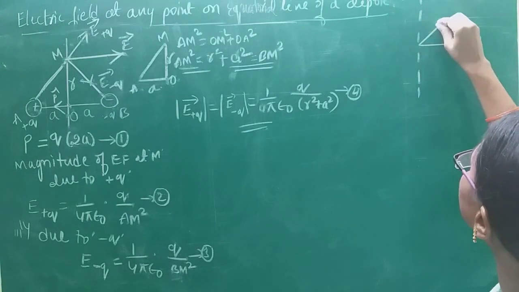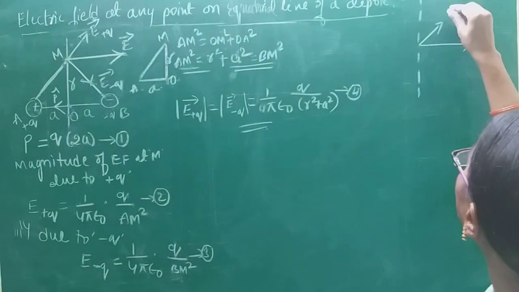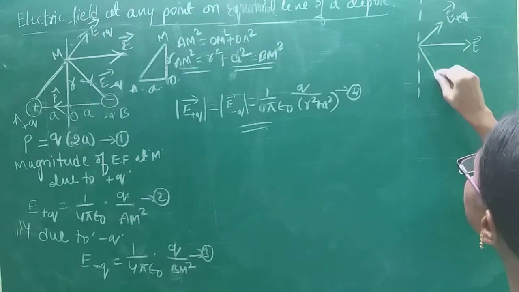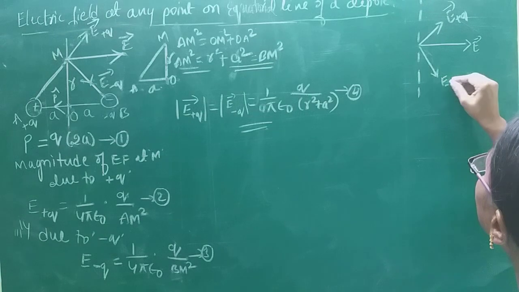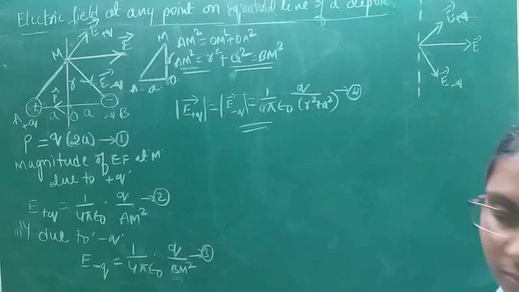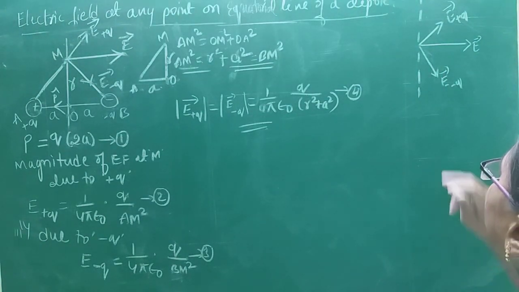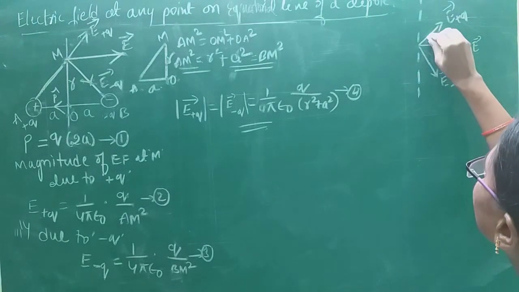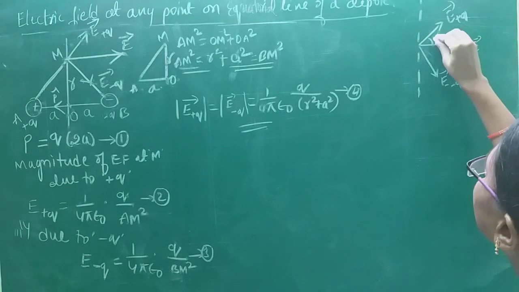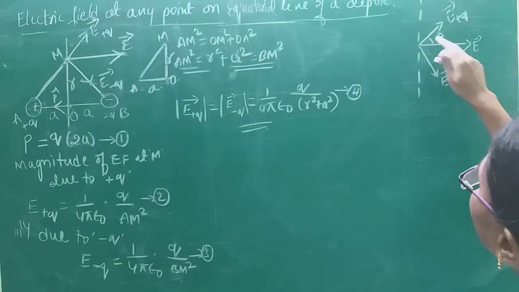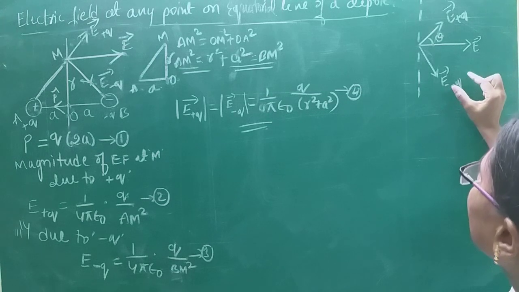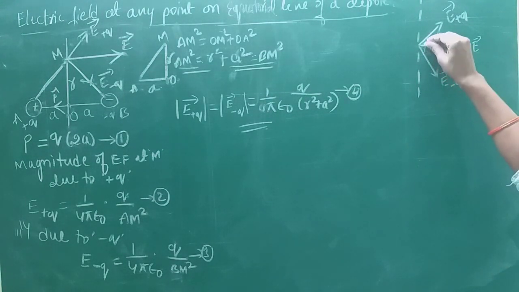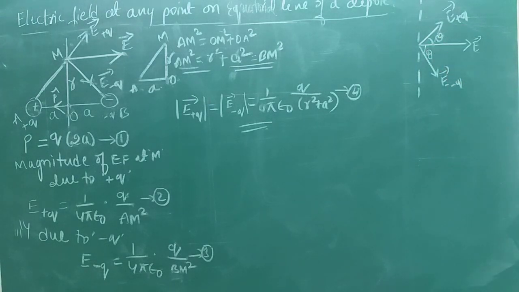Now take this as the direction of vector E plus Q, the field due to the positive charge, and this is the direction of the field due to the negative charge. Now consider the angle between the direction of the electric field due to the positive charge and the total field to be theta. Also the angle between the electric field due to the negative charge and the total field is the same, theta.